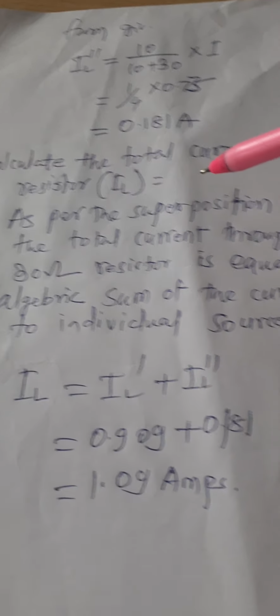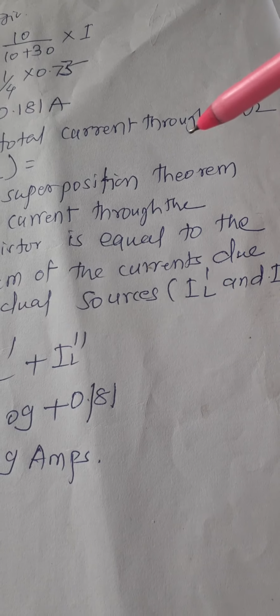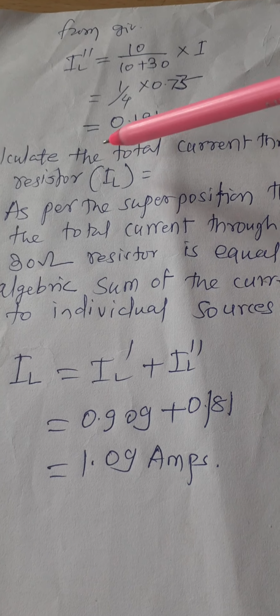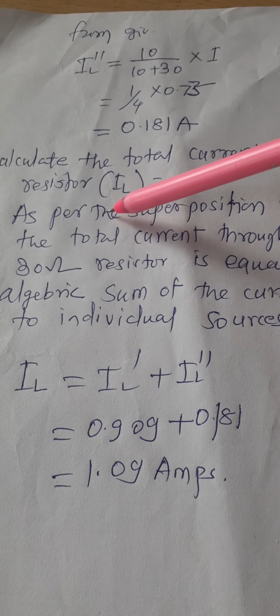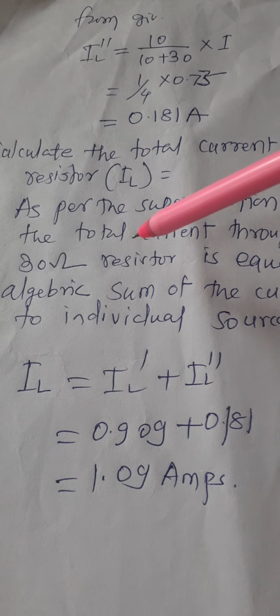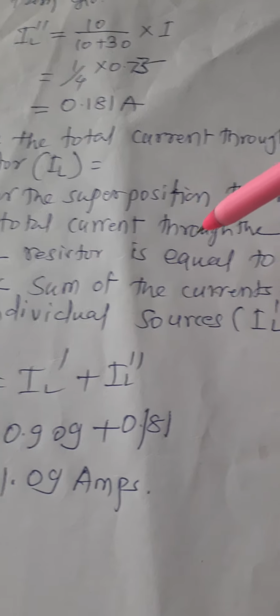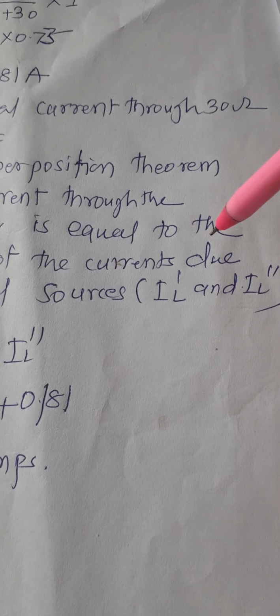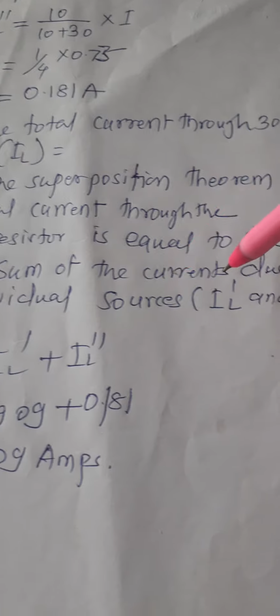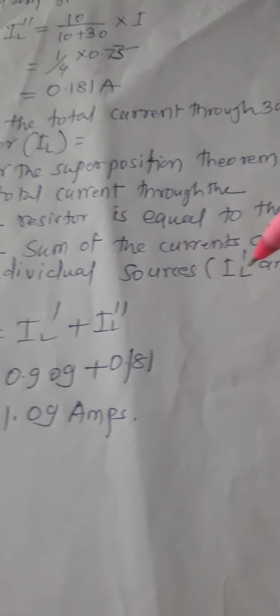So calculate the total current through the 30 ohm resistor. The 30 ohm is the basic resistor where we have to find the response. As per the superposition theorem, when both sources are active, the current in the 30 ohm resistance is the algebraic sum of the currents due to the individual sources.